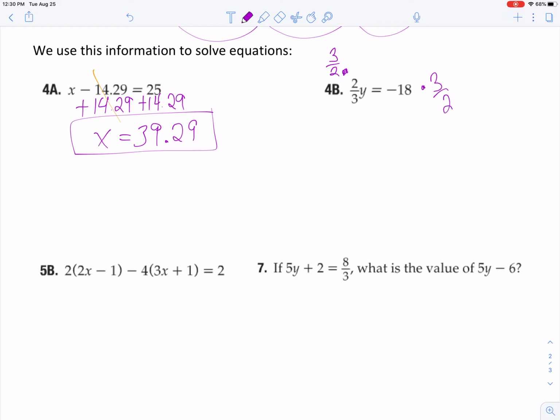Hopefully that R word sounds familiar, reciprocal. And here's why, this is so cool. If I have a 3 on top and a 3 on bottom, that cancels. A 2 on bottom and a 2 on top, that cancels. So now I'm left over with a y. Negative 18 times 3 halves, I believe, is negative 27. You might grab a calculator and verify, but I think that's what it's going to be.